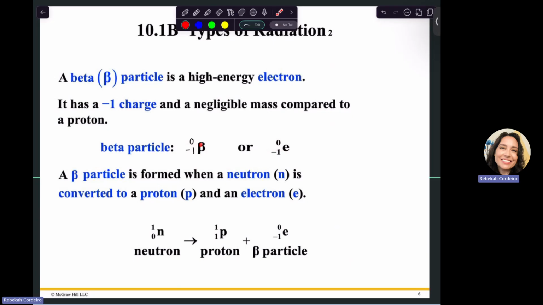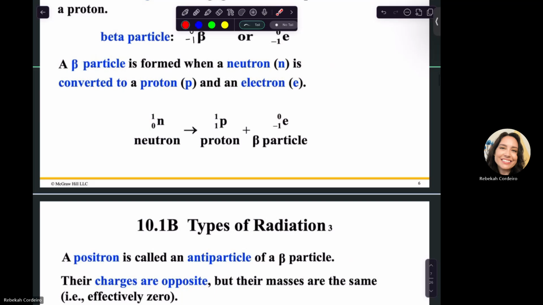We can use beta, which is a B with a tail, or you can write e for electron. So a neutron again turns into a proton and gives off a beta particle. Imagine the neutron losing its negativity and becoming fully positive. Notice that the left side and the right side of this equation, the top and bottom numbers, all add up to equal each other.